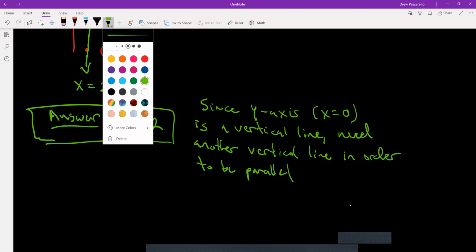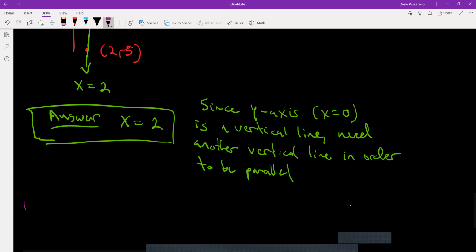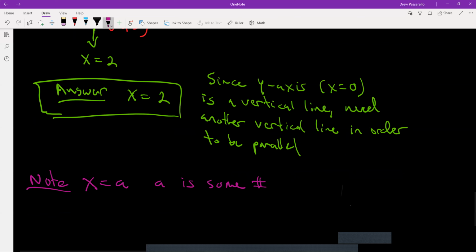So note, anytime you have x equals a, where a is some number, that's going to be a vertical line.